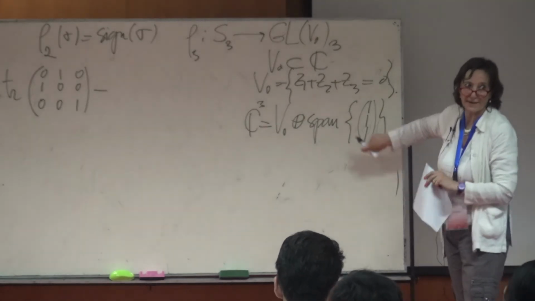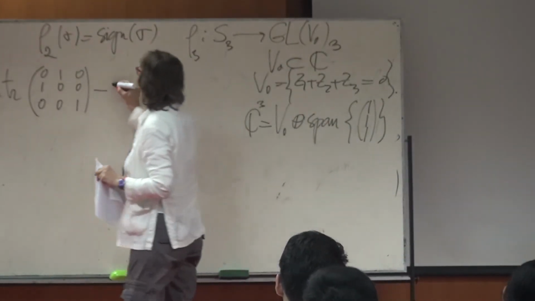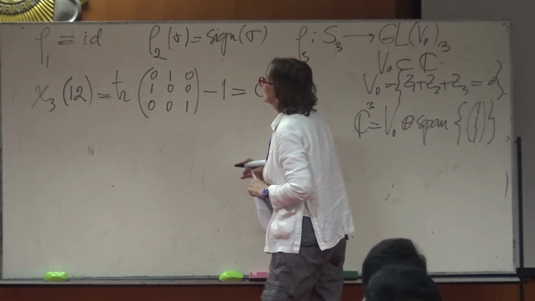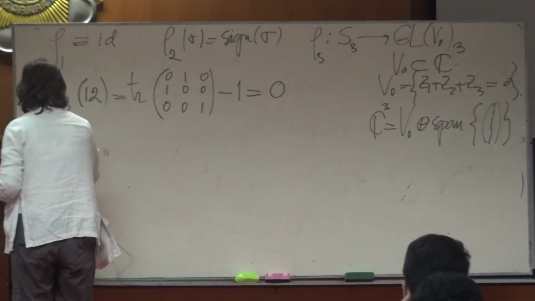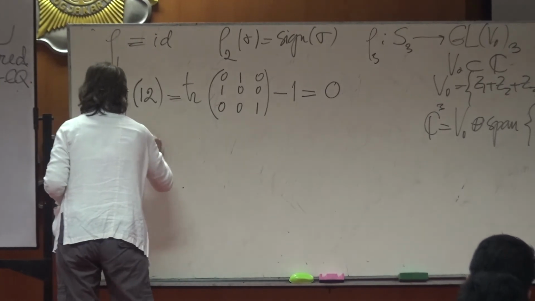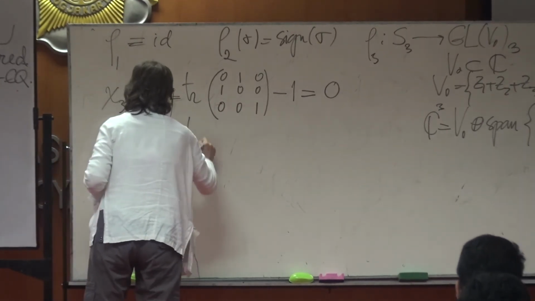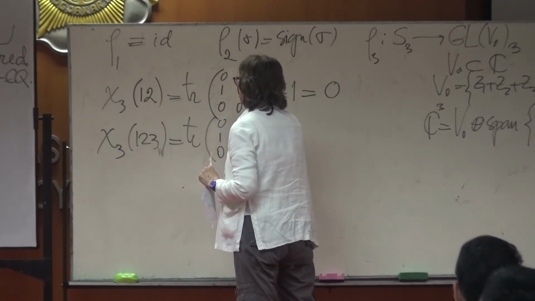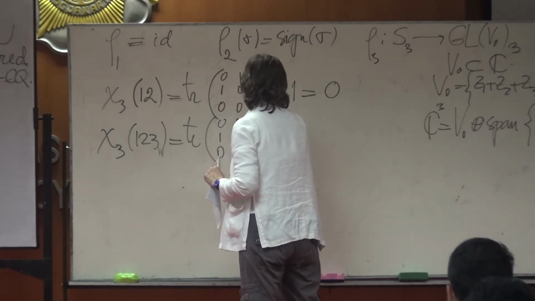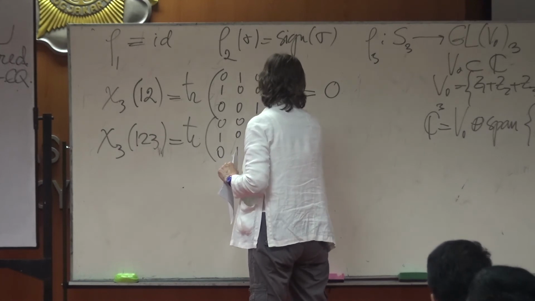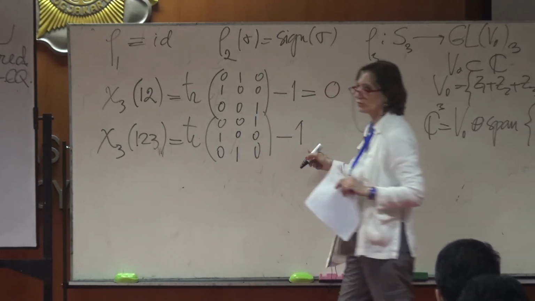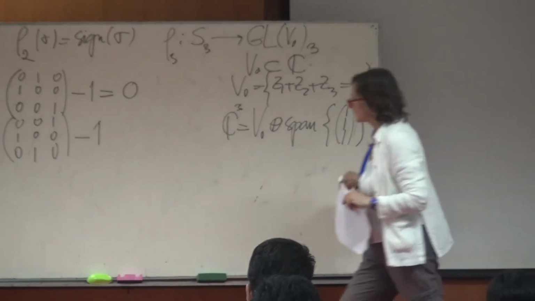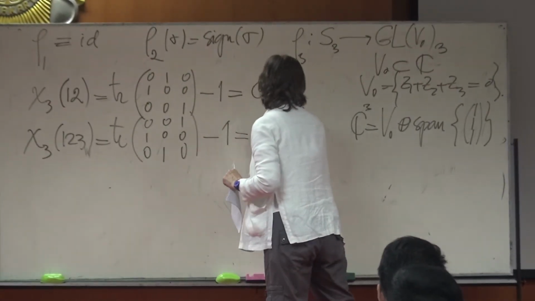So -1 to put here, so this is 0. And if I do it on a 3 cycle, (1 2 3) for instance, I have to compute the trace of 0, 1, 0, 0, 0, 1, 1, 0, 0. Again, -1, I have to remove the contribution of this trivial component. And what I get here is -1.